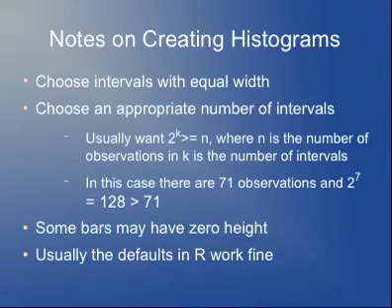At least for the purpose of this class, if you just use the histogram command, I'm certainly not going to get on your case for not choosing the correct number of bins.